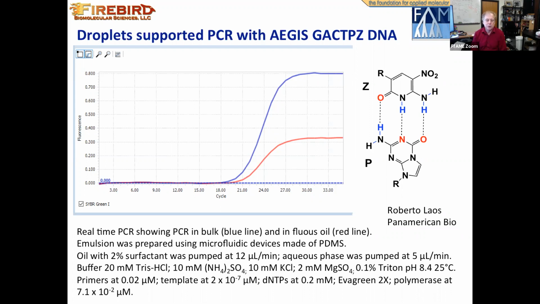So the red line, which shows you the EvaGreen fluorescence as this PCR proceeds, is producing at the end point PCR amplicons just about the same as what you would expect, given that the droplets in the fluorinated oil are only about 30% of the total volume that you're observing, whereas of course the bulk, homogeneous solution is 100% undergoing the PCR reaction.